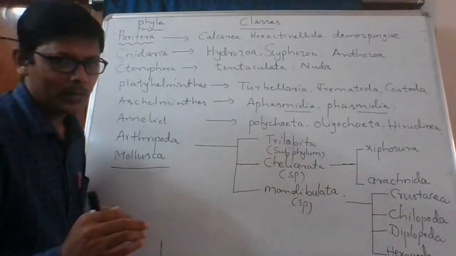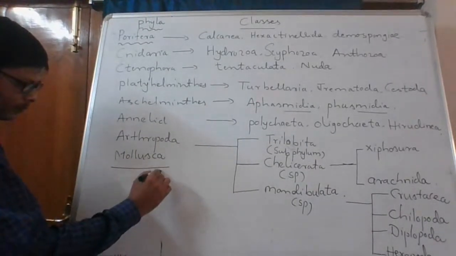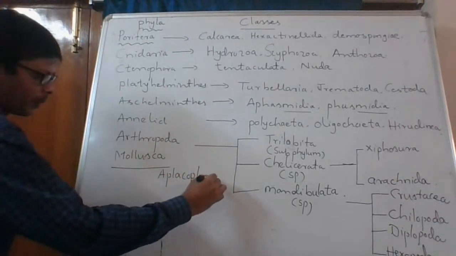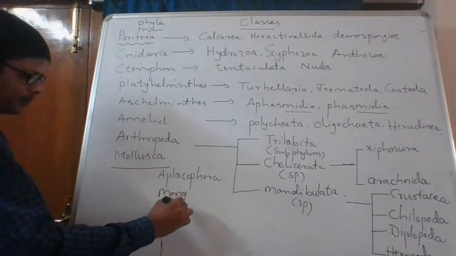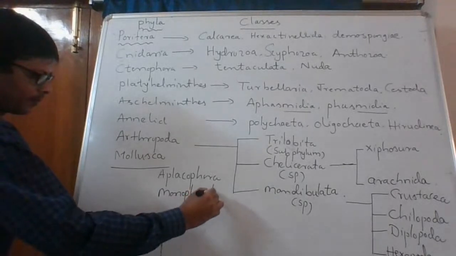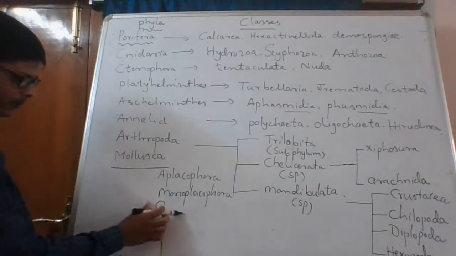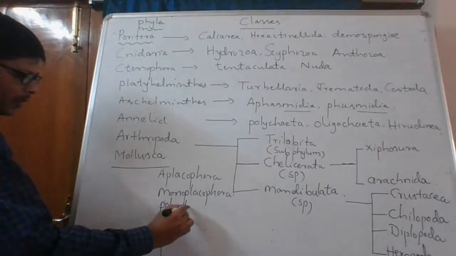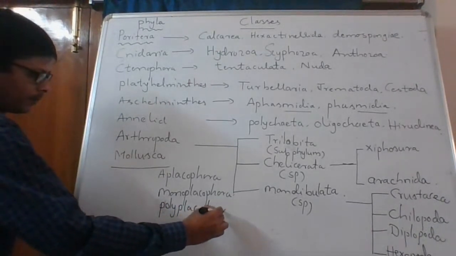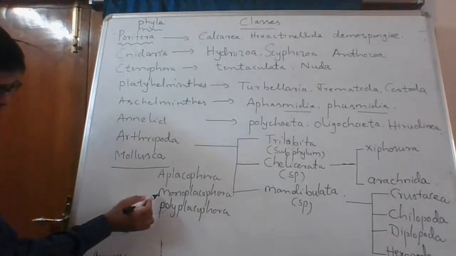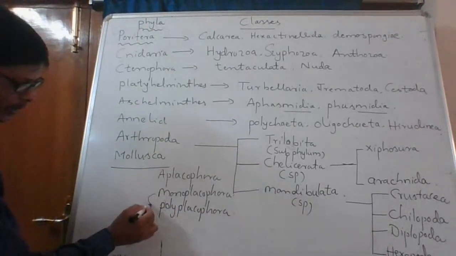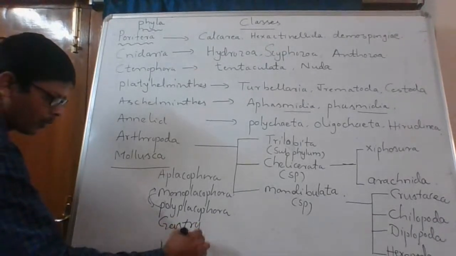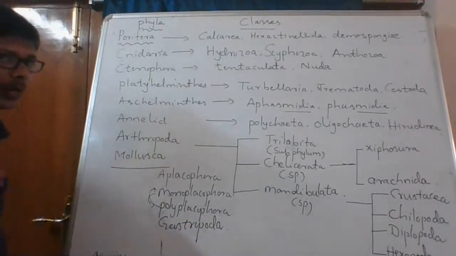Here there are seven classes: Aplacophora, Monoplacophora, Polyplacophora, Gastropoda.